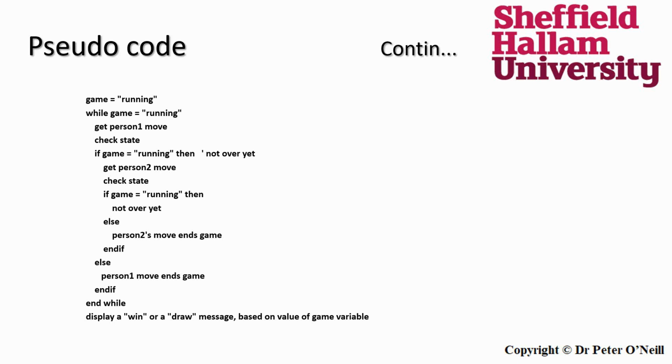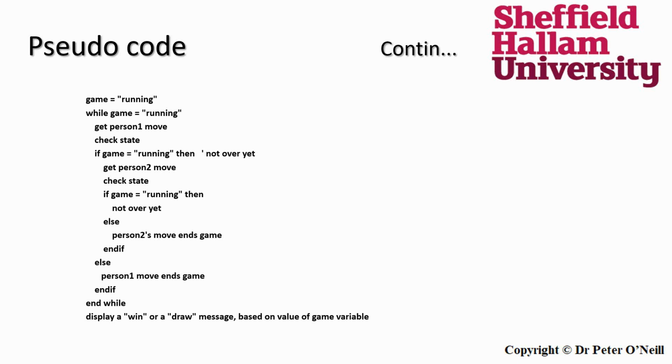So it can change the status of game from running to draw to win. Now only if it's running and not over does it get person 2 and their status. And if it else's, the move ends game. And then right at the bottom we've got display the winner.